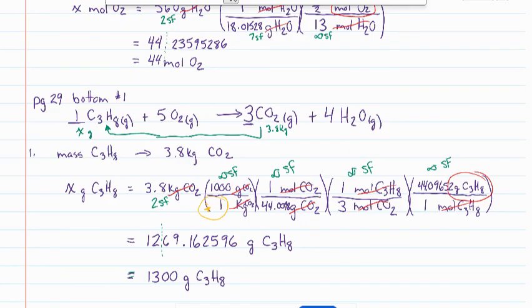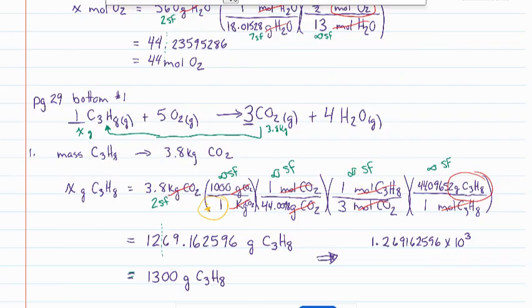Now, if significant figures are easier for you, you could put this into scientific notation, which is 1.269162596 times 10 to the 3.